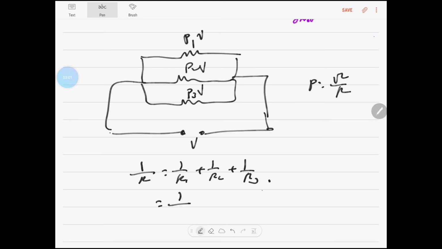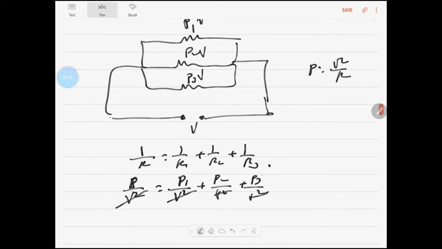So 1 by R itself is P1 by V square plus P2 by V square plus P3 by V square, which is P by V square. So V square gets cancelled, P is equal to P1 plus P2 plus P3.